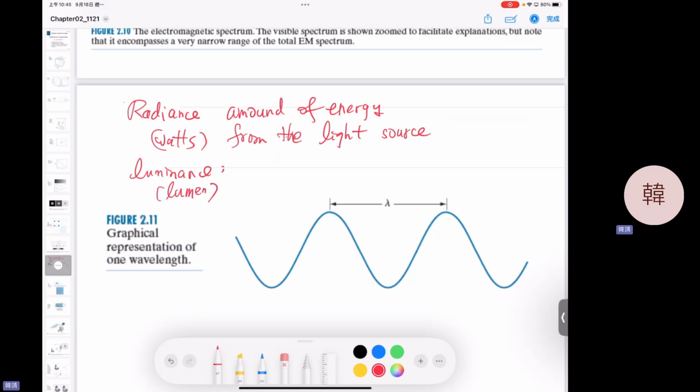So it's the amount of energy an observer perceives.